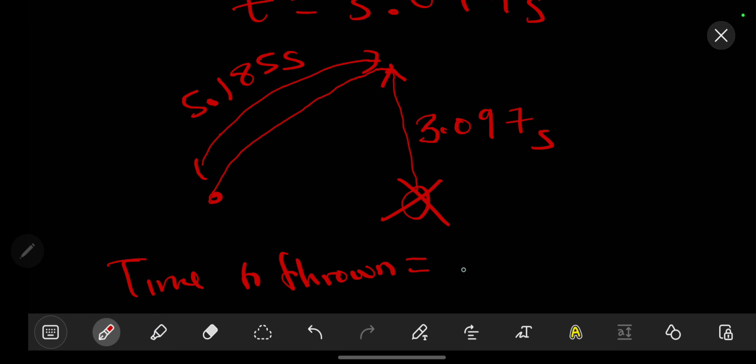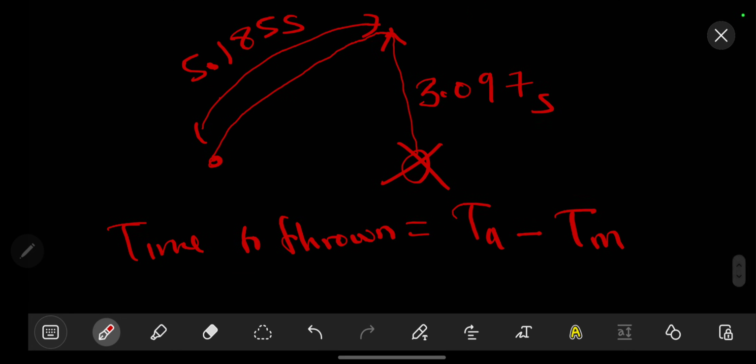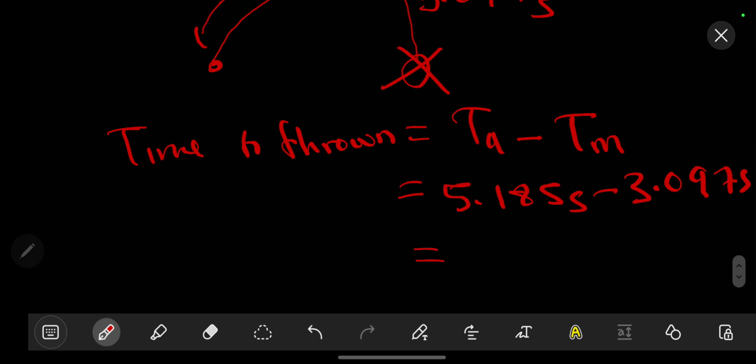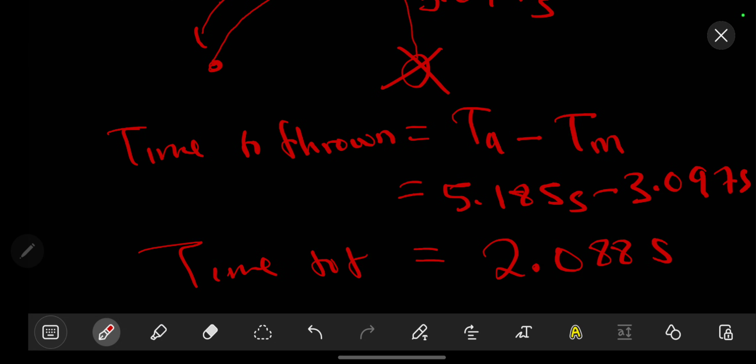So we are just going to subtract the time taken for the mango from the time taken for the arrow, which is 5.185 seconds minus the time of the mango, 3.097 seconds, which is going to give us a value of 2.088 seconds. So this is the time to throw.